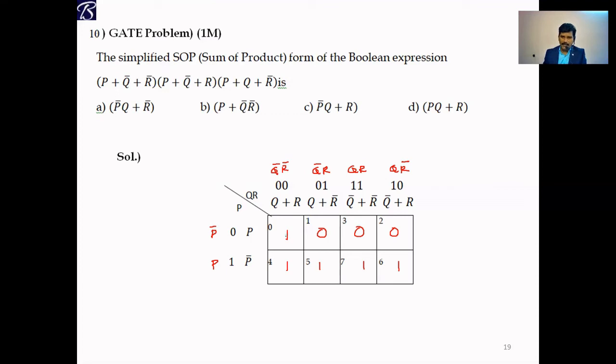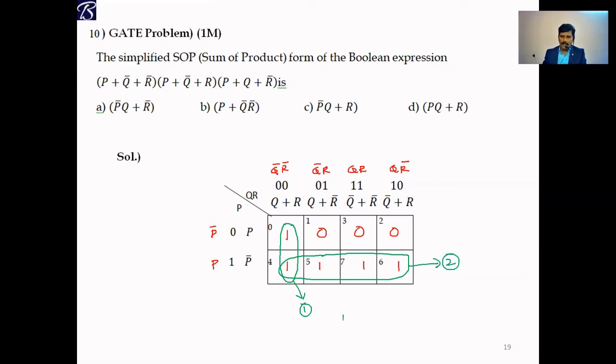Consider this one, the maximum possible group is a pair. Name it as 1. Consider the next one, the fifth cell, the maximum possible is a quad. This is the second term.